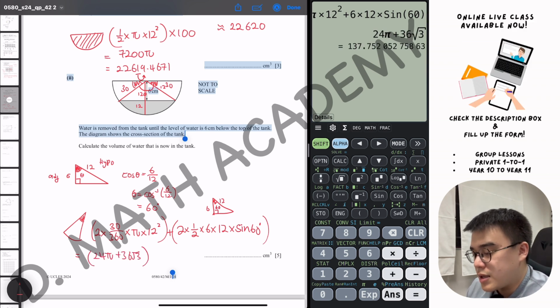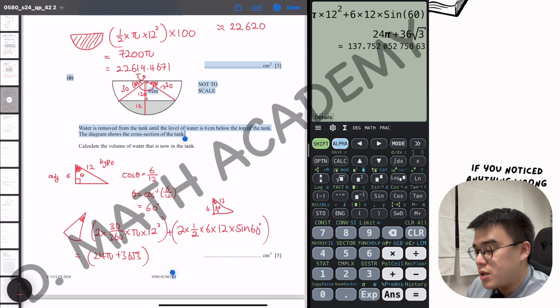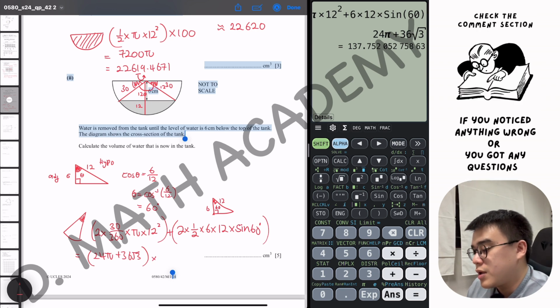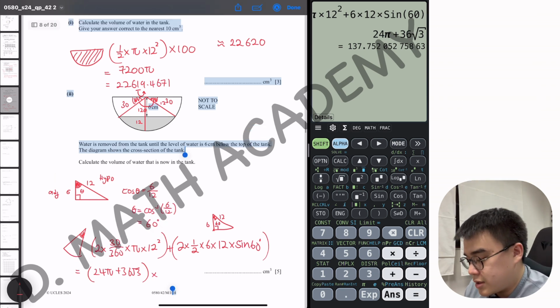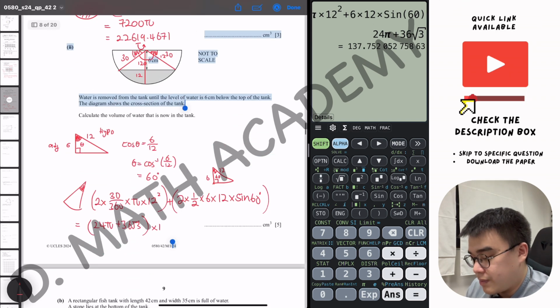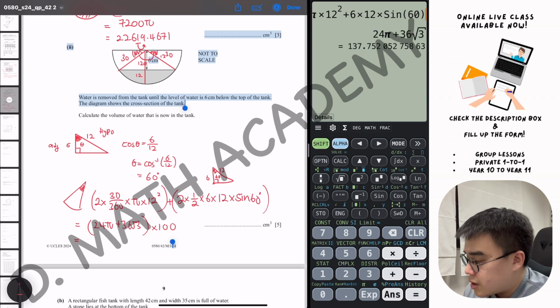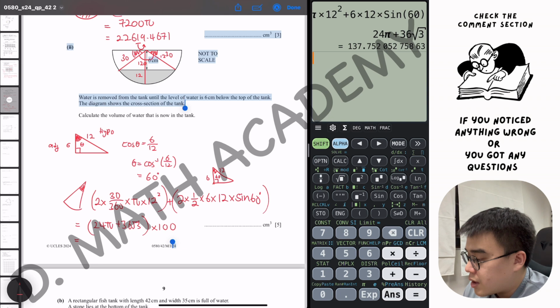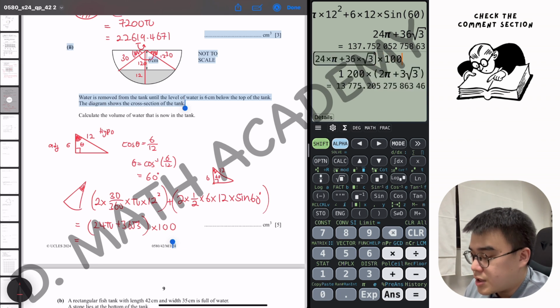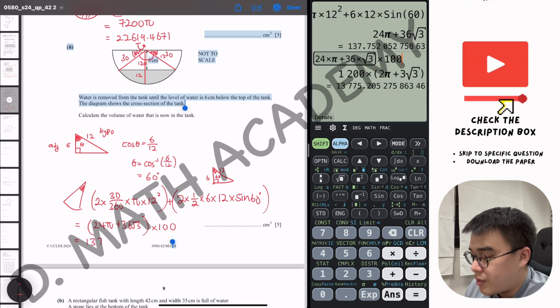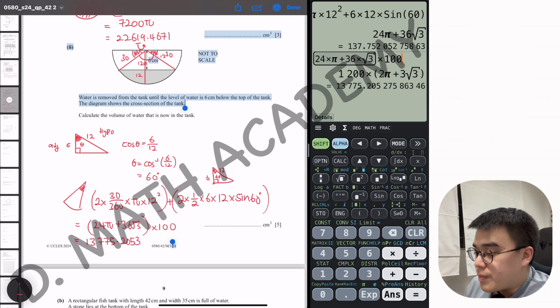And this answer is quite important, because we have 1 meter thickness or height here. 1 meter is 100. So when I multiply the result with 100, I got my answer as 13,775.2053.